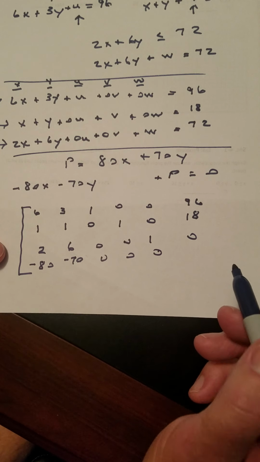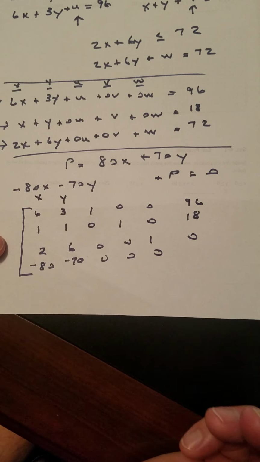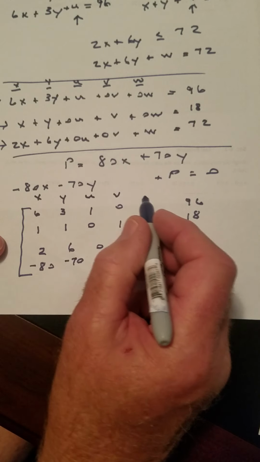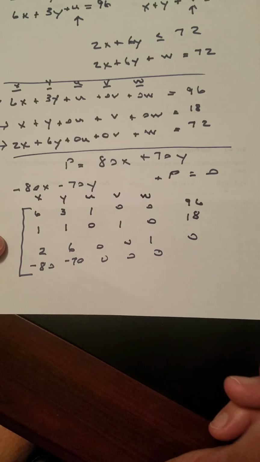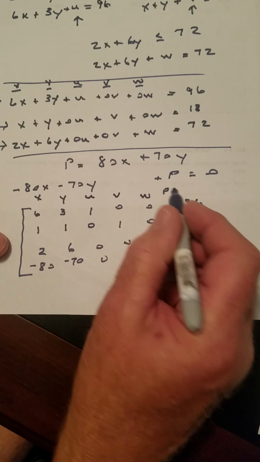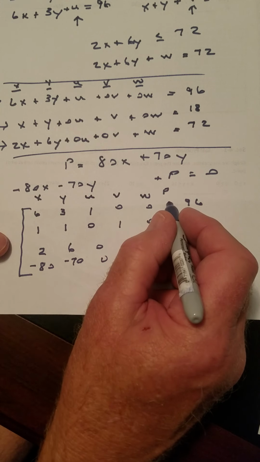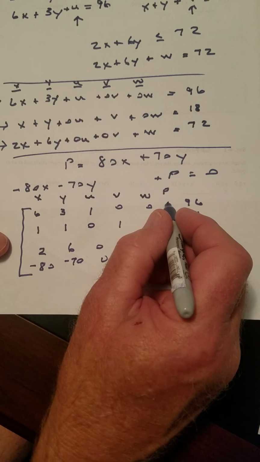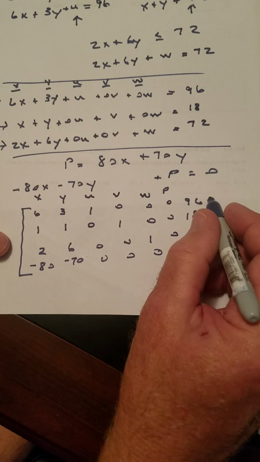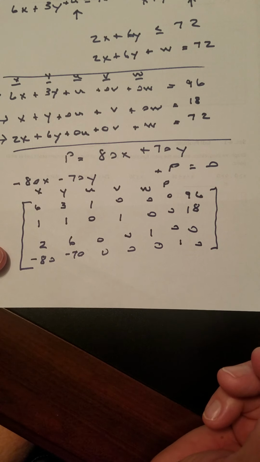And then if you look at this, we had an X, a Y, and then we had U, V, W. We need a P column. This is probably going to mess you up here, but for P, I had 0 here, 0 there, 0 there, 1, and 0. And that's my matrix.